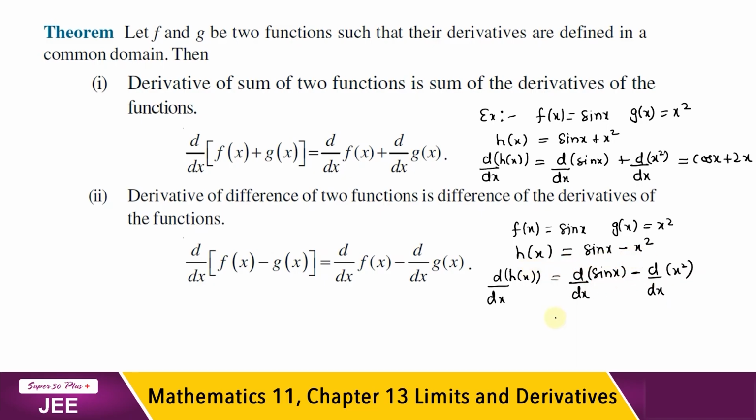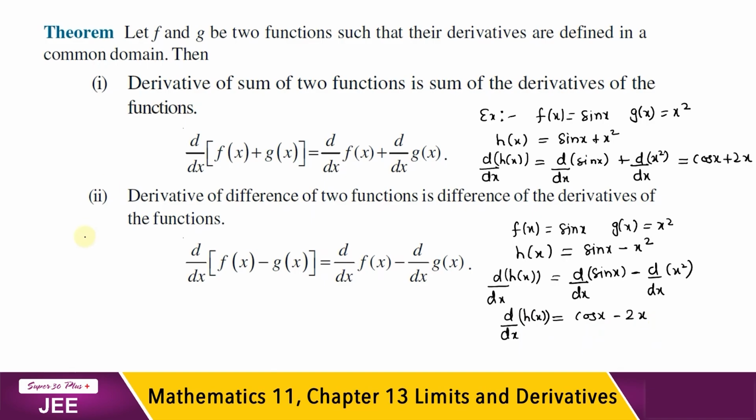And d by dx of sin x will be cos x and d by dx of x square is equal to 2x. So simply derivative of h(x) with respect to x comes out to be cos x minus 2x.